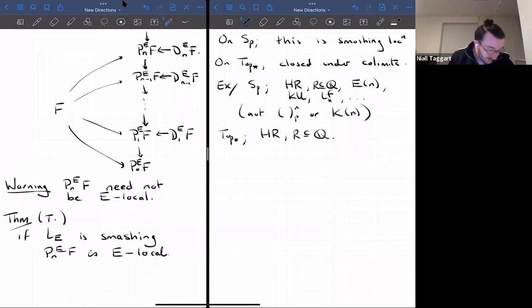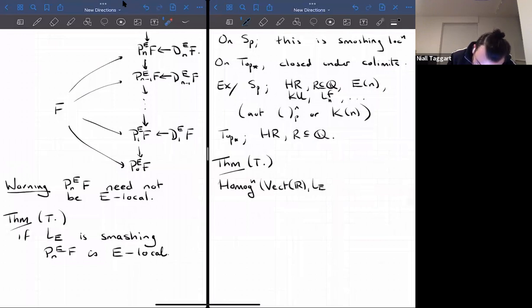Okay, and the theorem, which doesn't use the smashing assumption anymore, is that you can look at homogeneous functors on this category, if you want to build a model structure. And this is equivalent to spectra in the E-localization of C with an O(n) action.